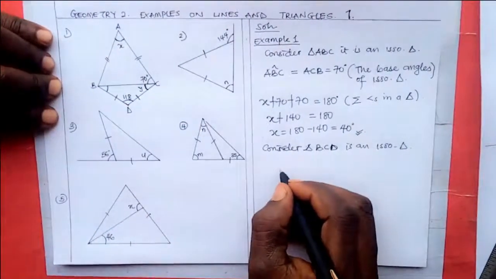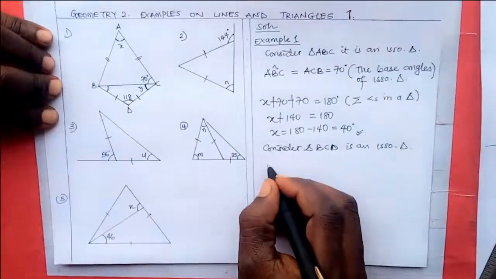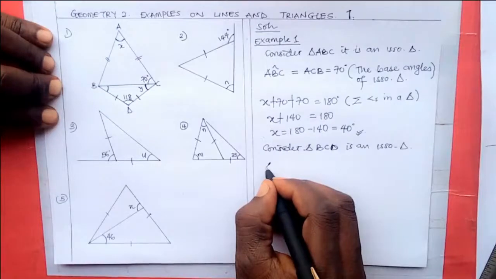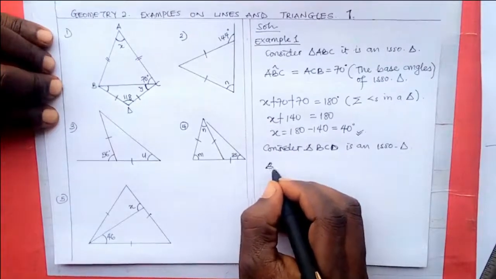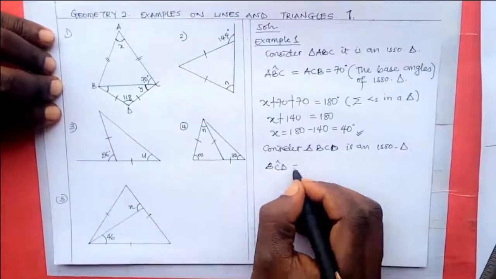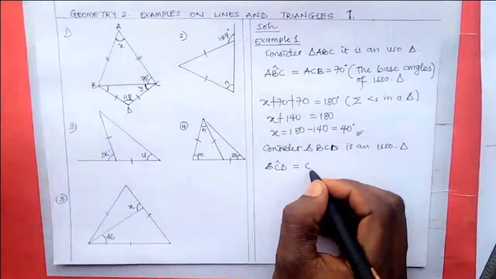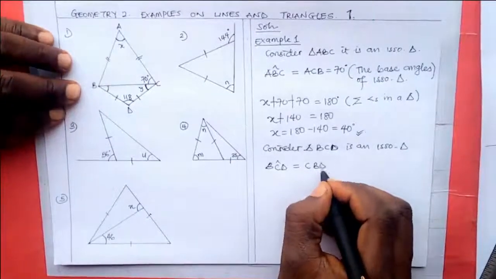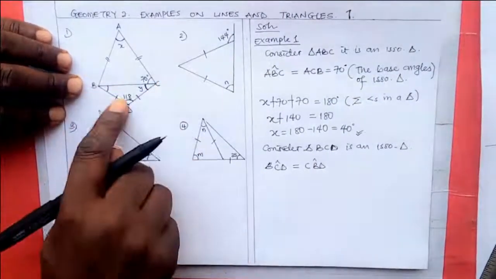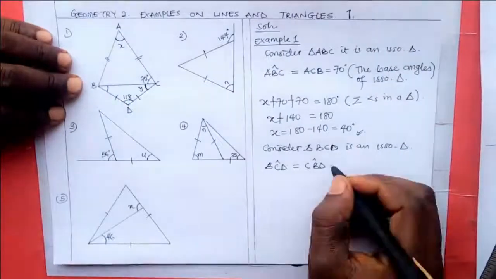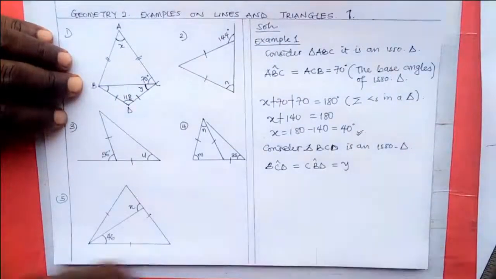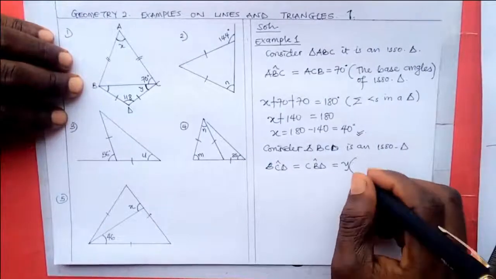So I will have my triangle BCD, angle BCD must be equal to angle CBD. This must be equal to this, which is equal to y. Why did we say that?